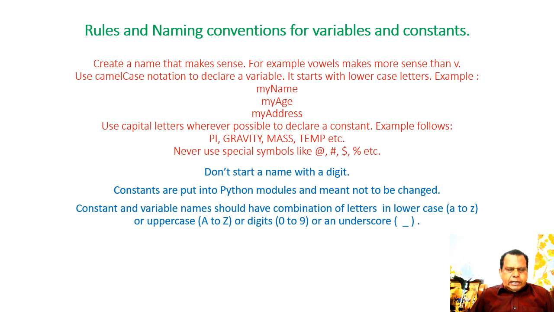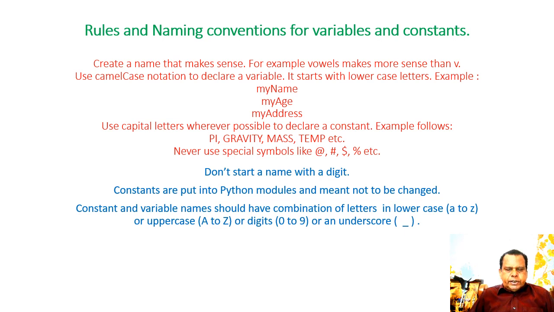Use capital letters wherever possible to declare a constant. Examples follow. PI, GRAVITY, MASS, TEMP, etc. All are in capital letters. Never use special symbols like at the rate, hash, dollar sign, percent sign, etc. Don't start a name with a digit.